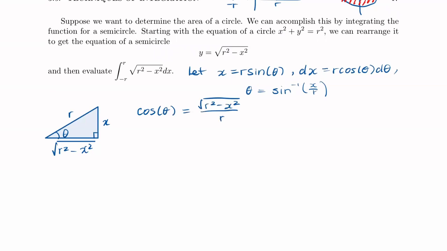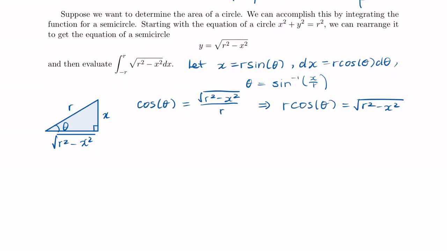So we could also say that r cos theta is equal to the square root of r squared minus x squared. Okay, so that means we could actually just go ahead and make this substitution into here.